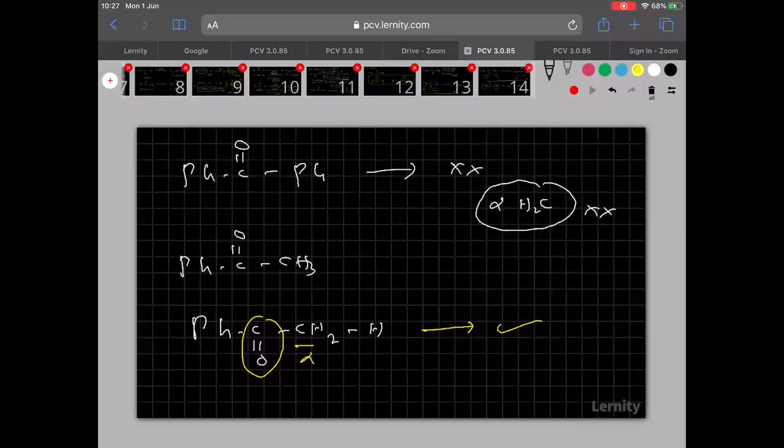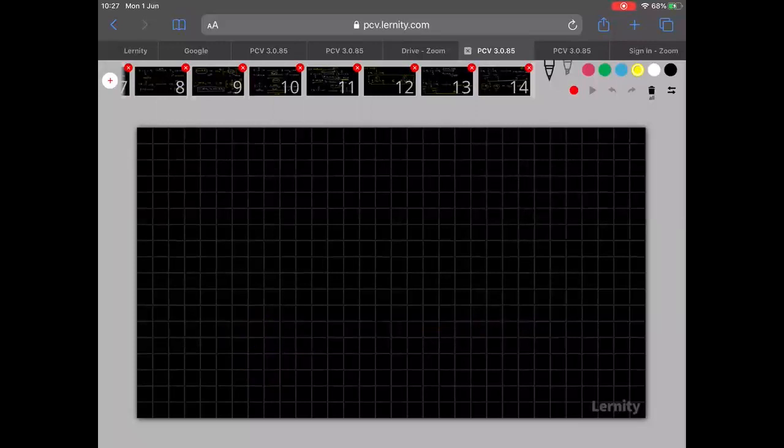Completed. So now let us see the oxidation of unsymmetrical ketones. As I told you, Popov's rule we have to follow. So what is that rule?